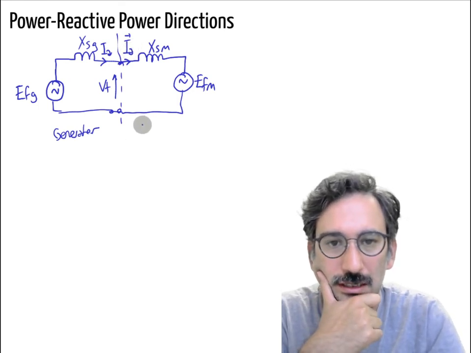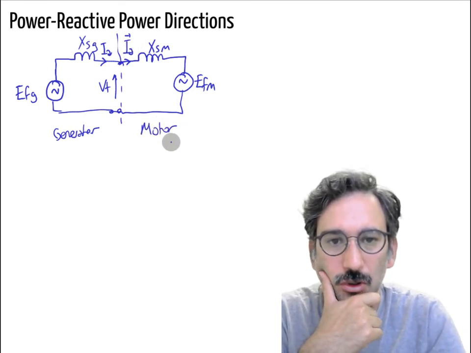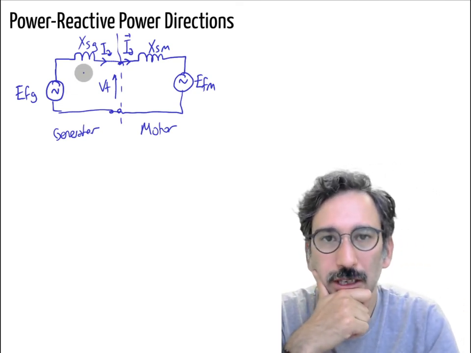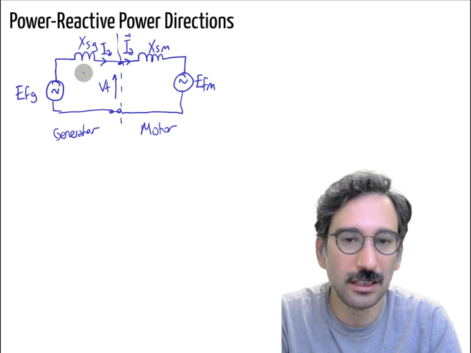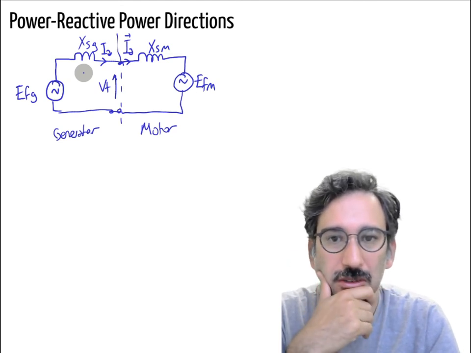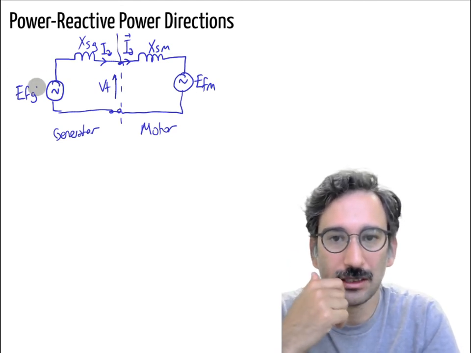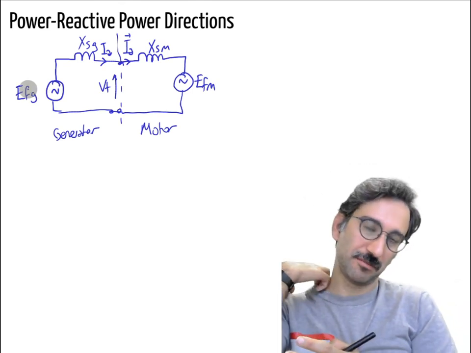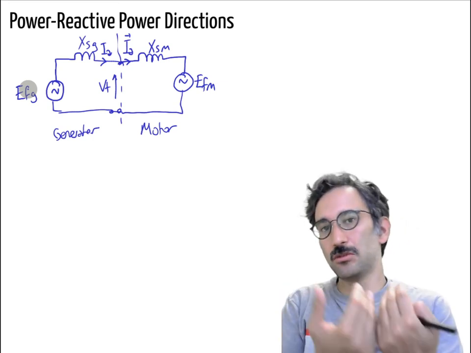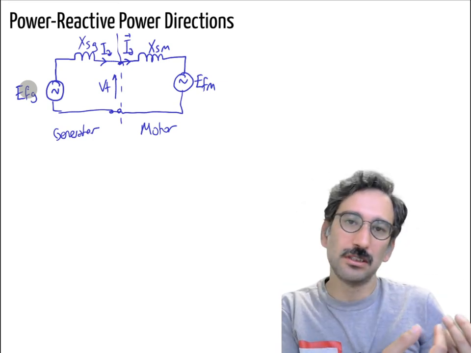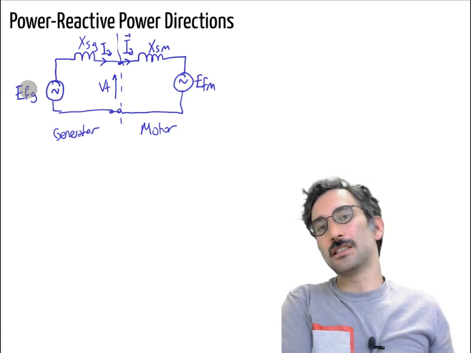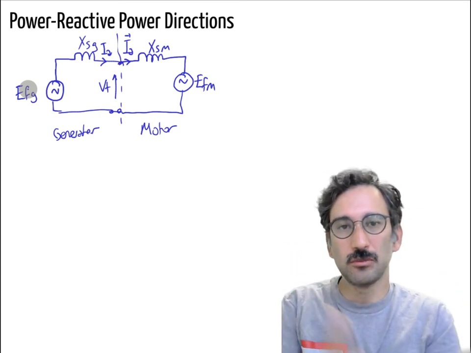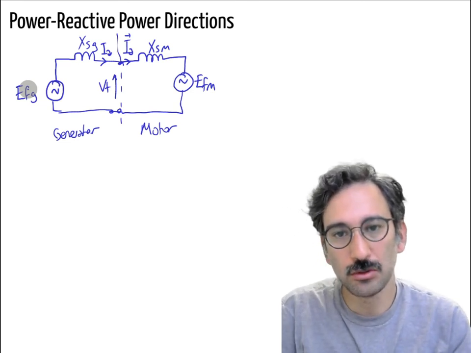So that side is working as a motor. So yes, power flows from left to right, so real power flows from the generator side to the motor side. Of course in reality they have shafts, and one of them is using mechanical energy to generate electricity, and the other one is using electrical energy to generate mechanical output. Okay, so they usually have the input and output shafts, but I'm not showing it here.